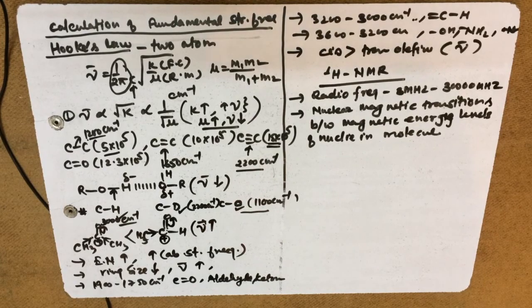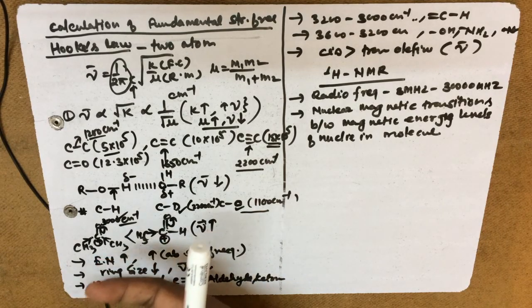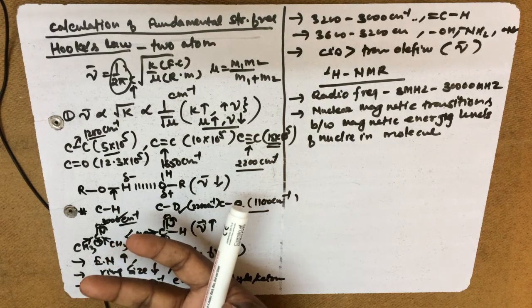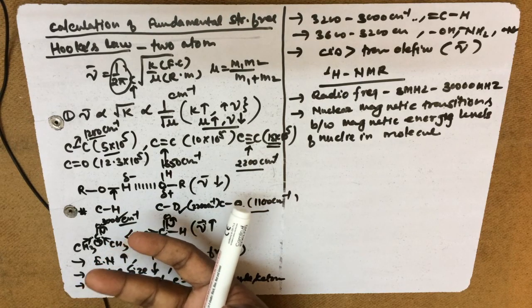So now we move to the next point. So the next point is nuclear spin. Nuclear spin is basically used in NMR spectroscopy, which is based on the magnetic properties of nuclei. That is called nuclear spin.